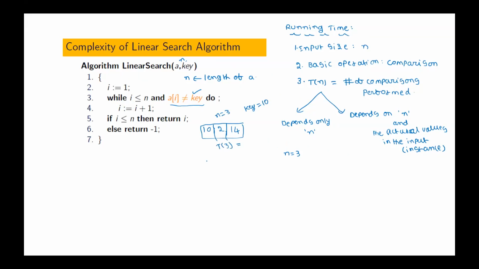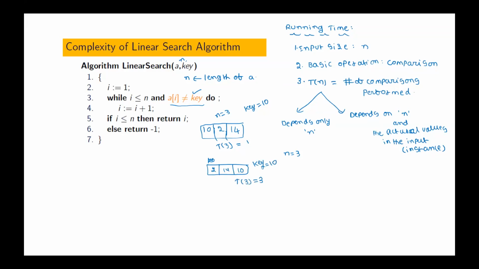It is 1. If the key is the same and our elements are like this: 2, 14, 10, with key equal to 10, what is the T of 3 value? It is 3.